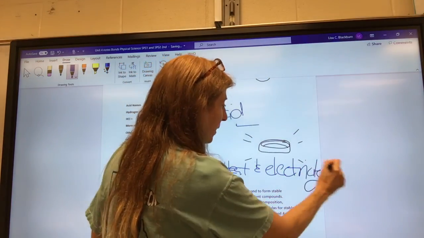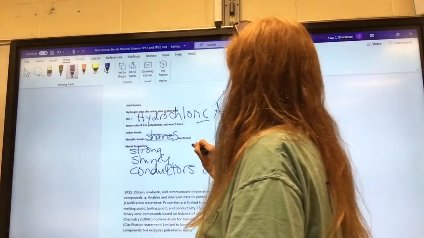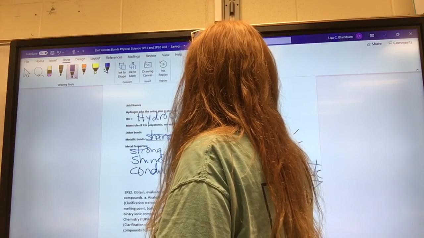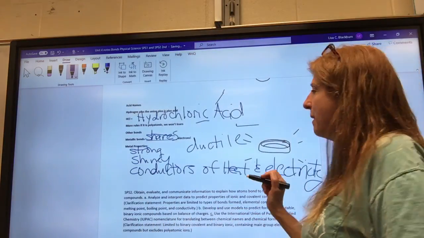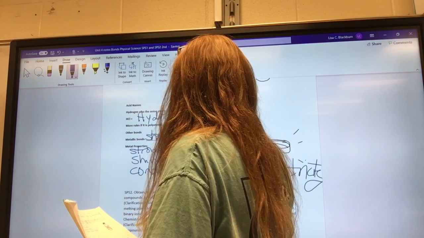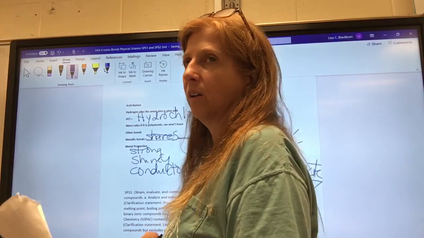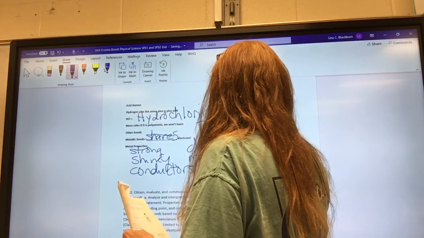Running out of room. I got it. Heat and electricity. They're also ductile, which means you can make wires out of them. Fancy science word for you can make wires out of it. And they're malleable, which means, fancy science word, that you can make foil out of it, like tin foil, aluminum foil, gold foil. We learned about that.